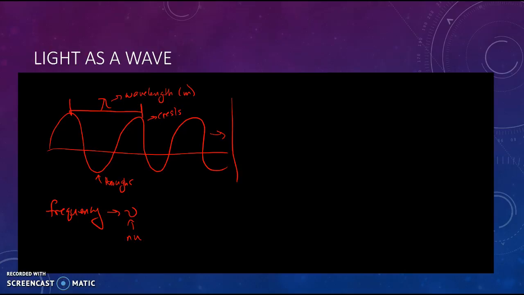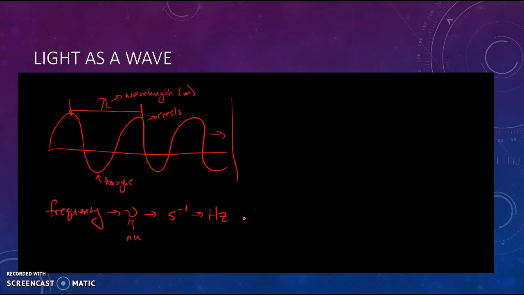The number of crests tells you how many oscillations there were, because each crest corresponds to one oscillation up and down. And the number of crests that pass through a certain point each second is called the frequency. This will have units of reciprocal seconds, and we very often call that hertz.